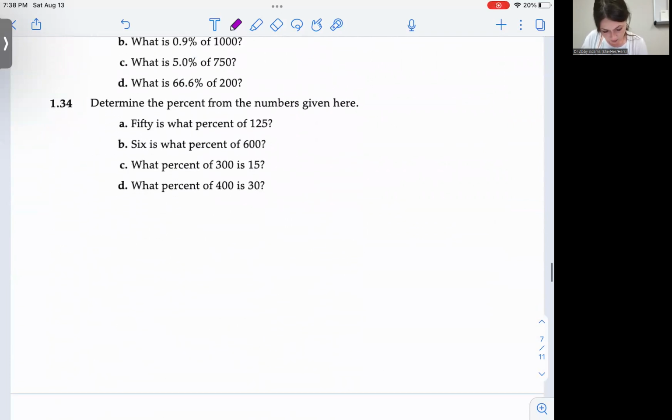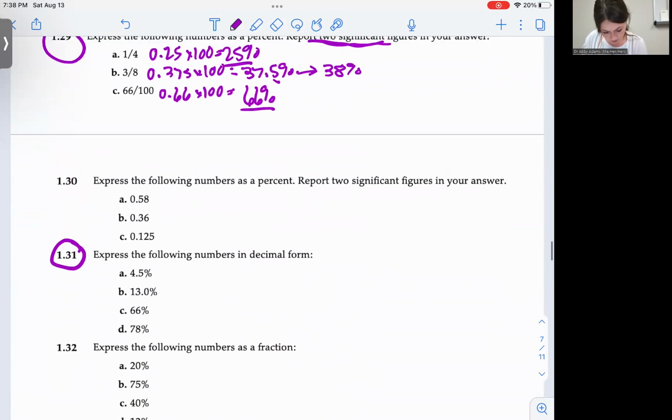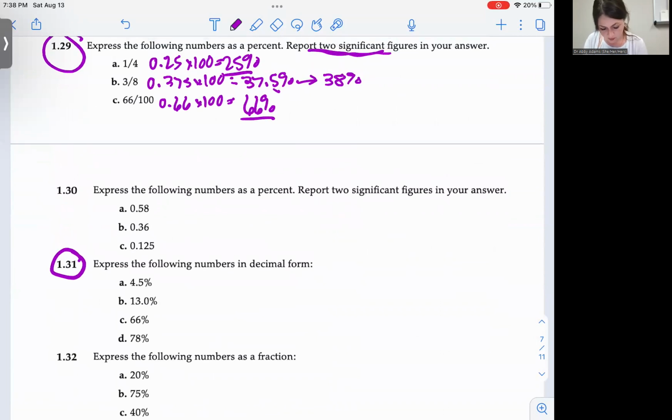1.31. Okay, express the following numbers in decimal form. All right, so let's see. 4.5%. So how do you get to 4.5%?